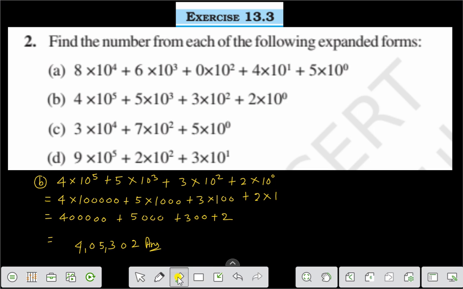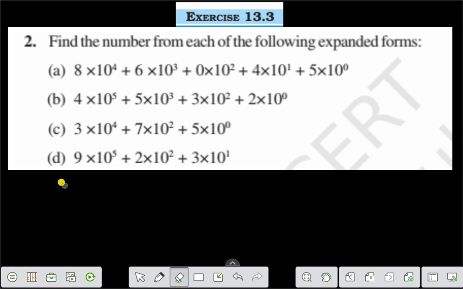Now we solve question number C. Question number C is 3 into 10 to the power 4 plus 7 into 10 to the power 2 plus 5 into 10 to the power 0.